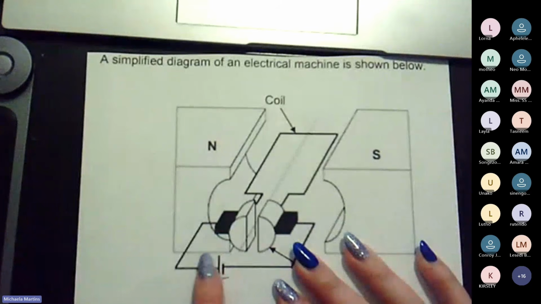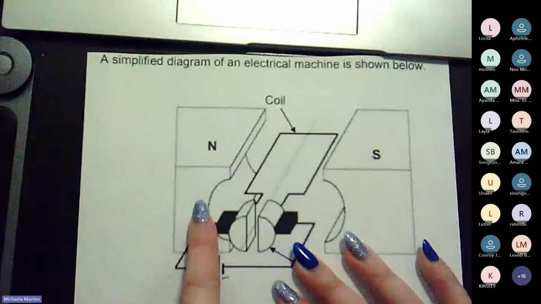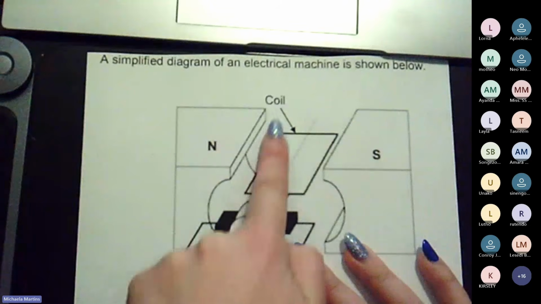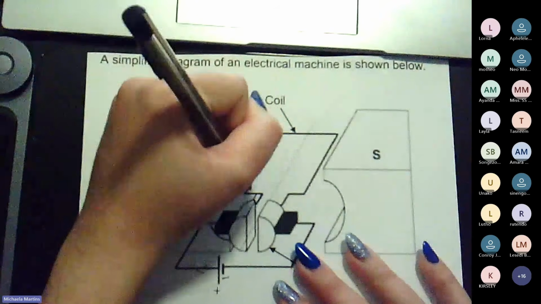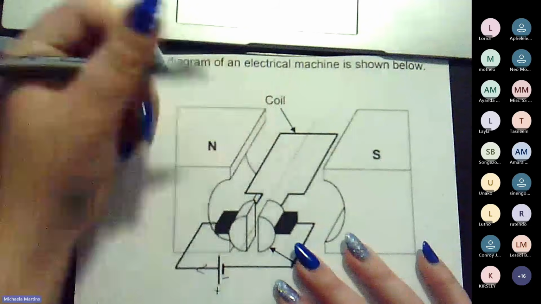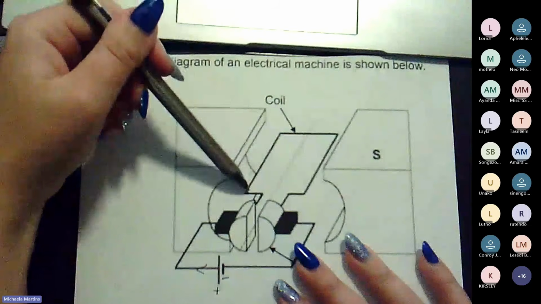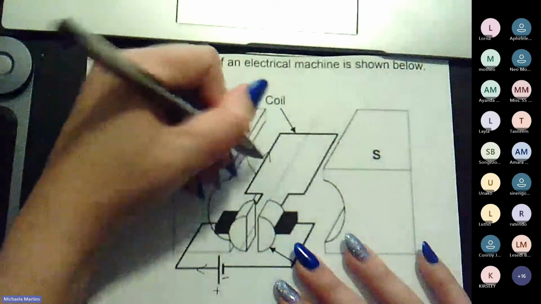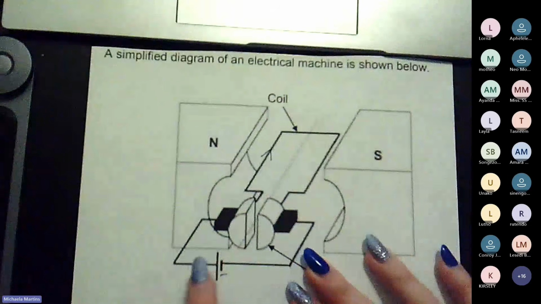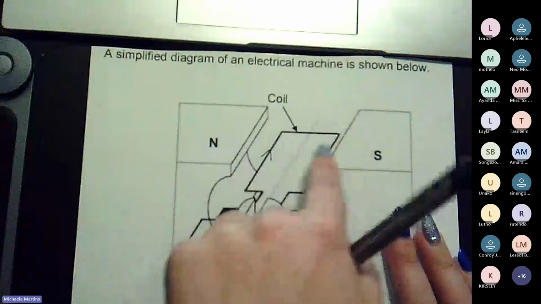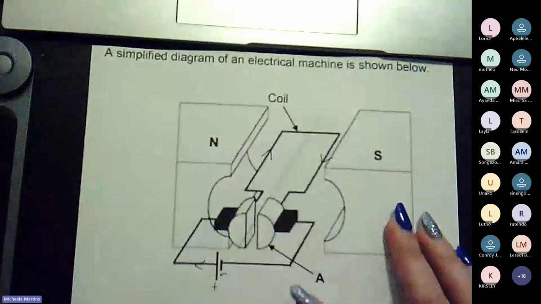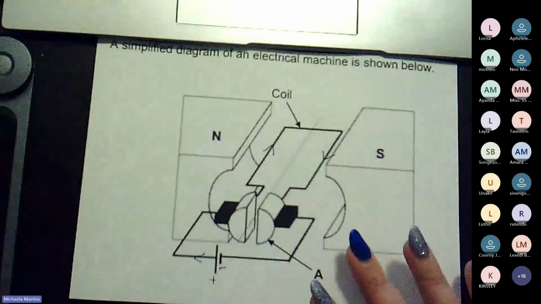Watch what I'm doing. The current goes like this, then like this, then like this, and then it goes into the coil here. The current in this branch, focus on what I'm saying, it's this branch that I'm looking at, is going like that, because it goes from the positive to the negative. So in this branch, it'll go down. That's the first thing.